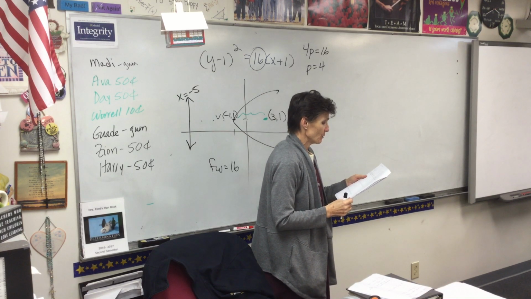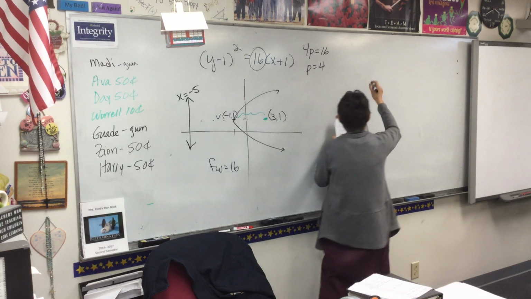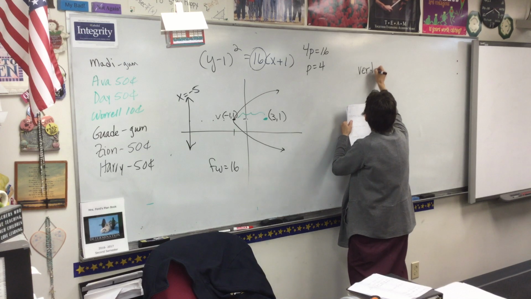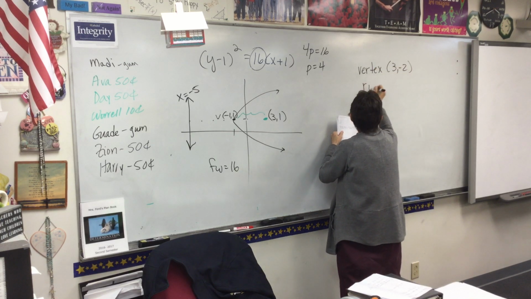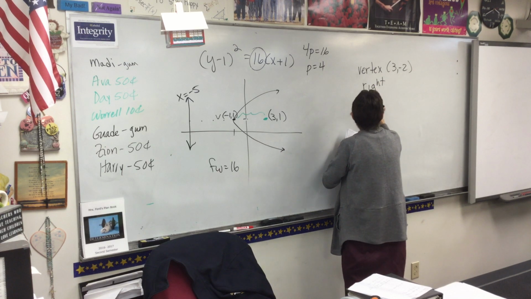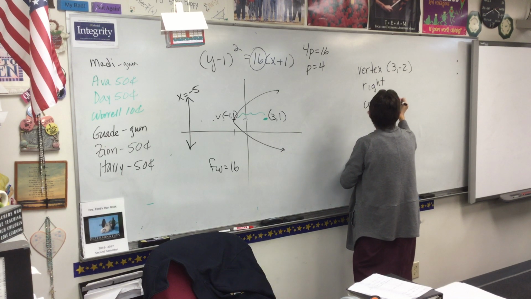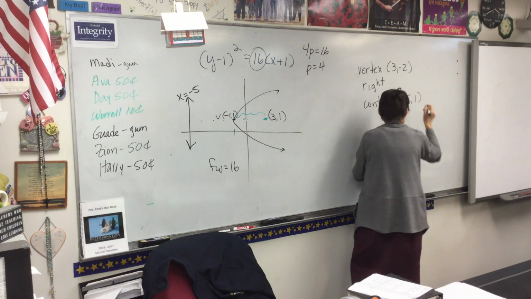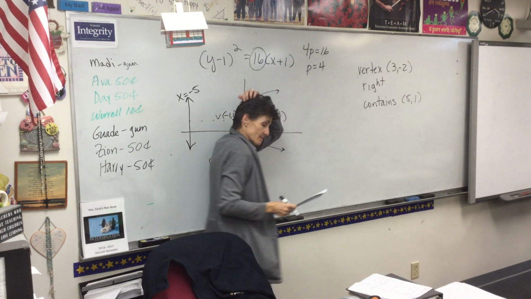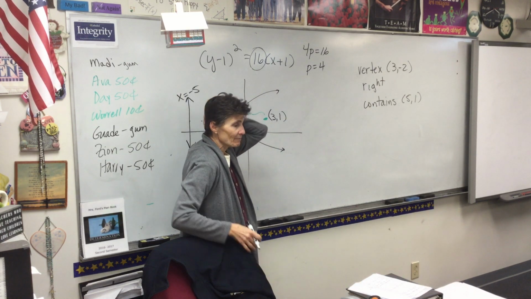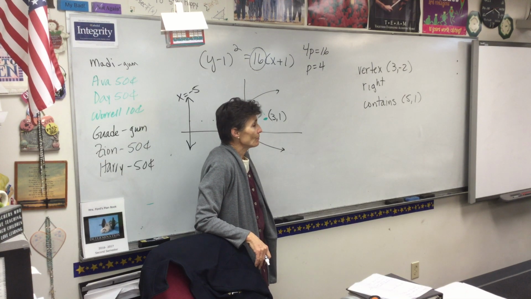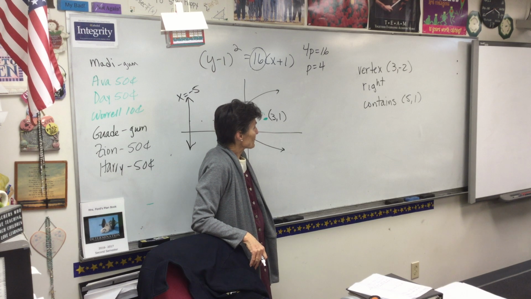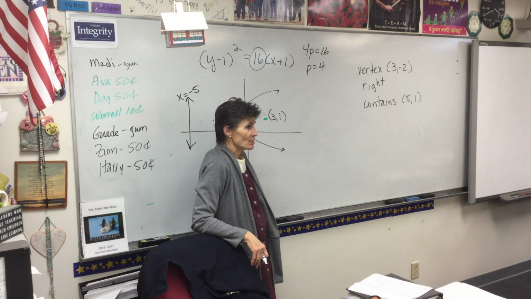So now what we're going to do is the backwards. Let's see how much of this makes sense to us. We've got several different parabola problems here where we need to write an equation.